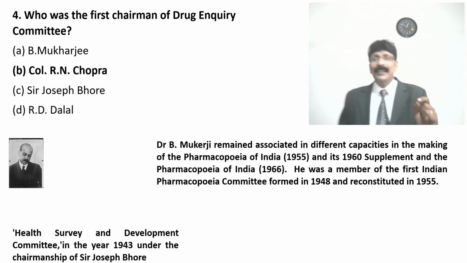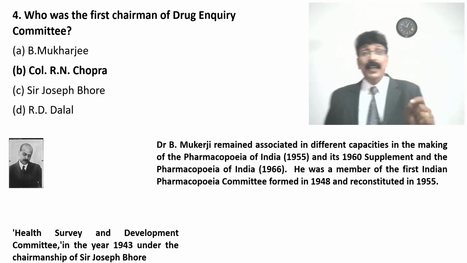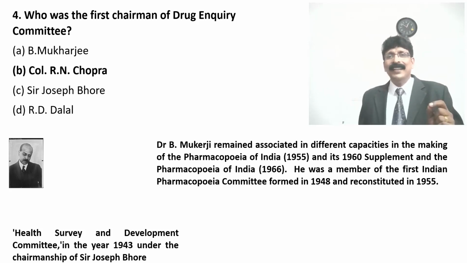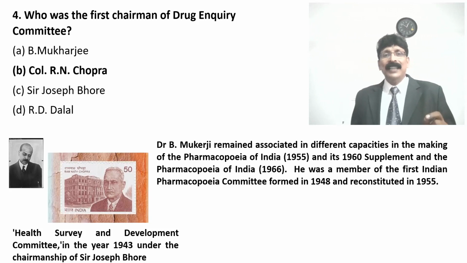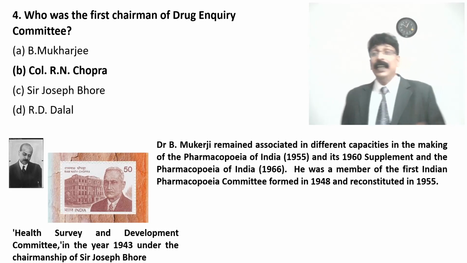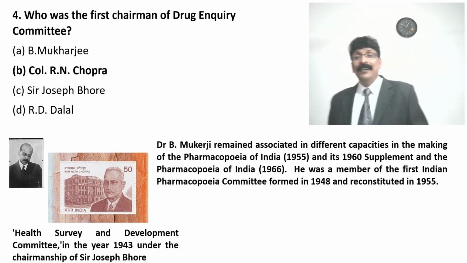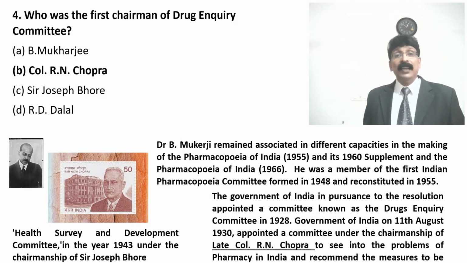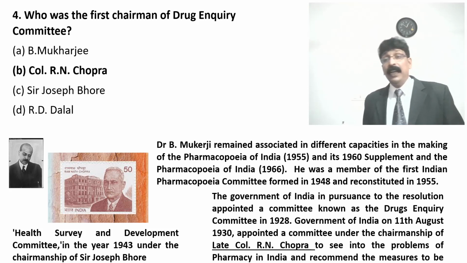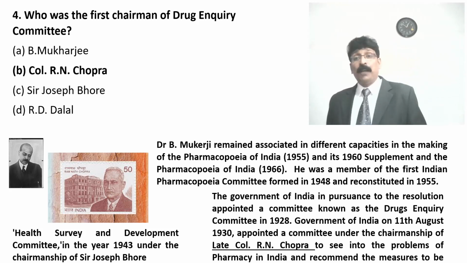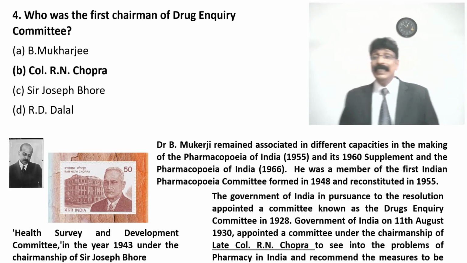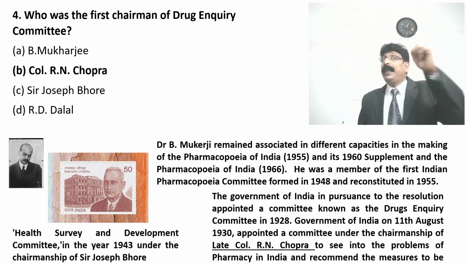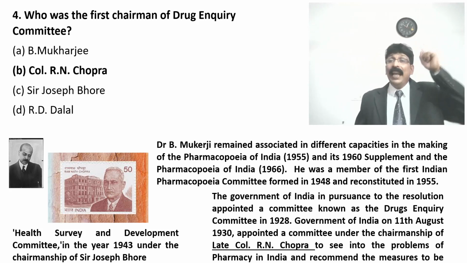Colonel is an army colonel. R.N. Chopra is the answer. Even an Indian stamp has been issued with his picture. And you can see the colonel. The Government of India, pursuant to a resolution, appointed a committee known as the Drug Enquiry Committee in 1928 itself.